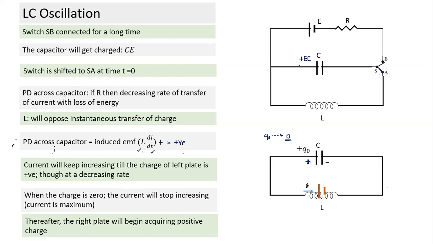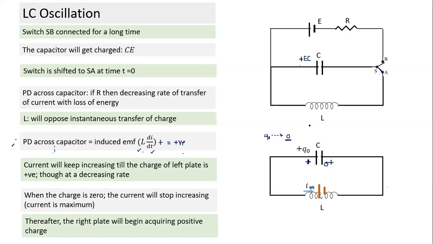The charge has dropped from Q naught to 0, and the current is equal to I max. What will happen thereafter? Since the current continues, charge is getting transferred. From 0, positive charge is getting deposited on the right plate. As long as current is flowing in this sense, positive charge is reaching the right hand side of the capacitor plate.